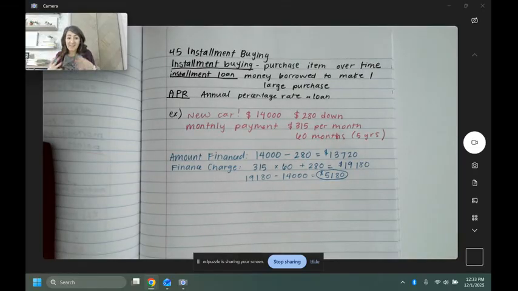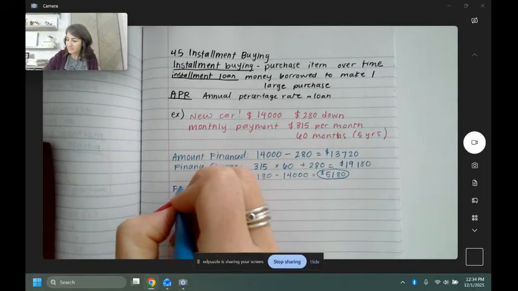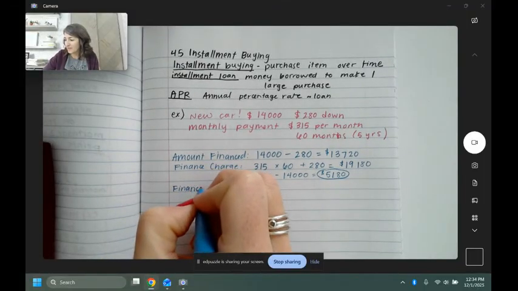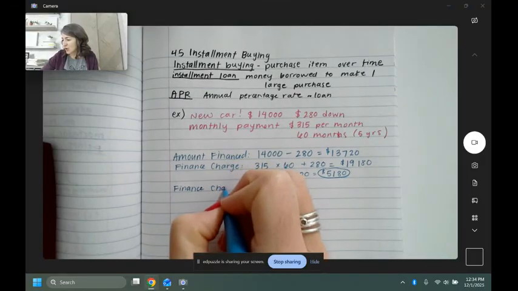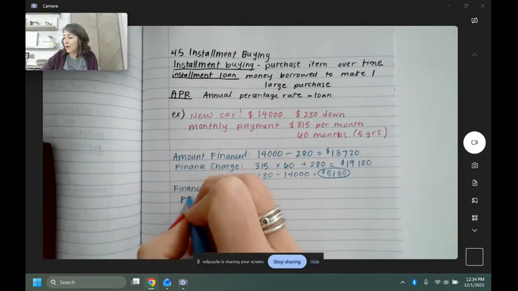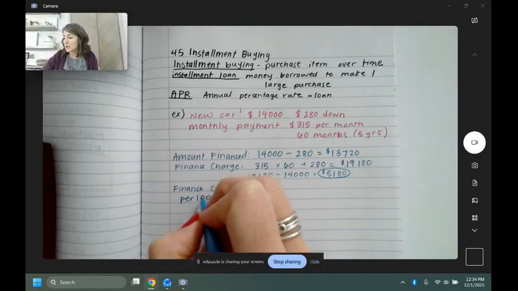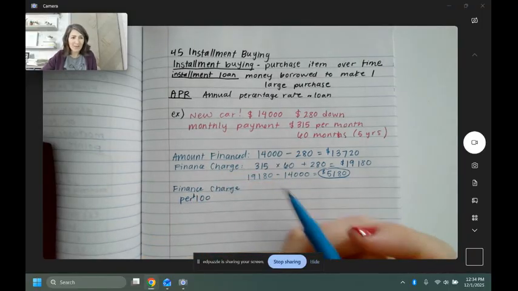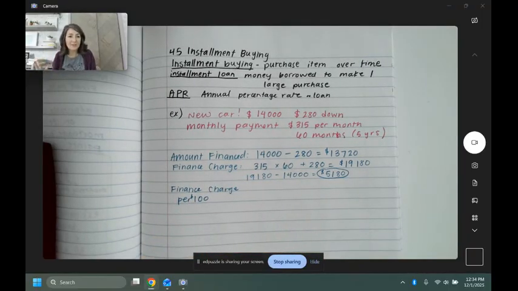Now, one important number is called the finance charge per $100. So basically, for every $100 that I paid on this loan, how much of that was going to interest?